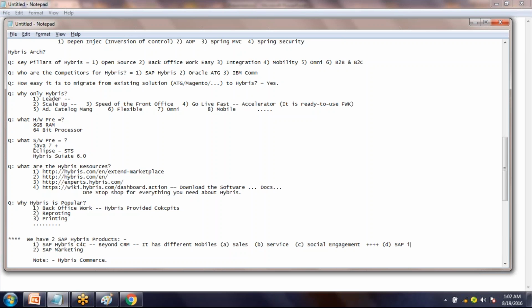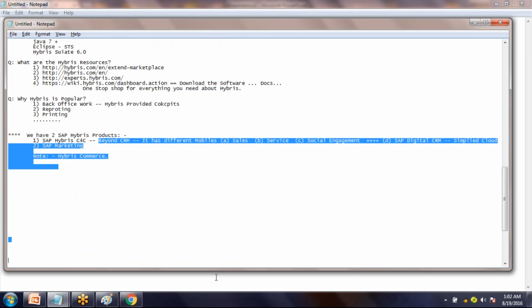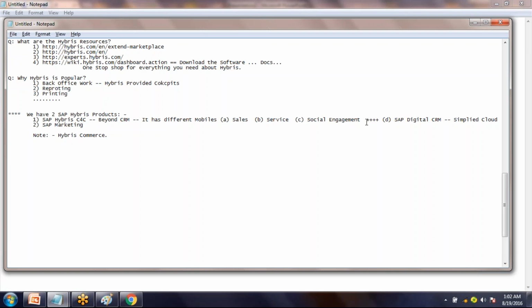SAP Digital CRM. This is a simplified cloud CRM for smaller customers, for small companies.